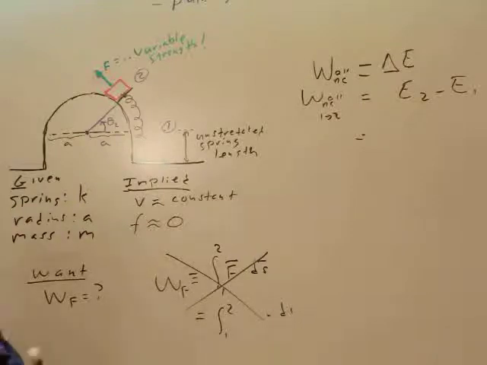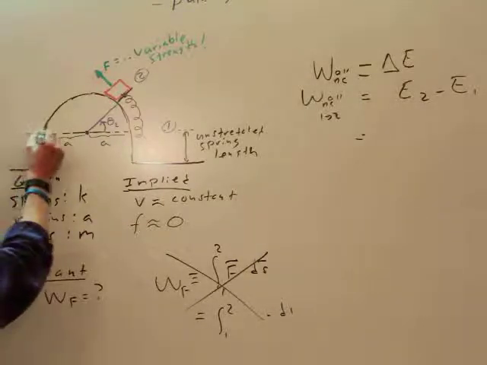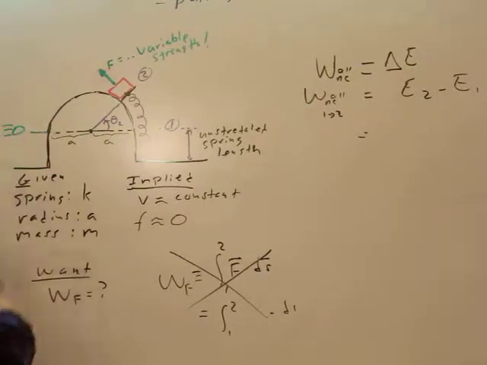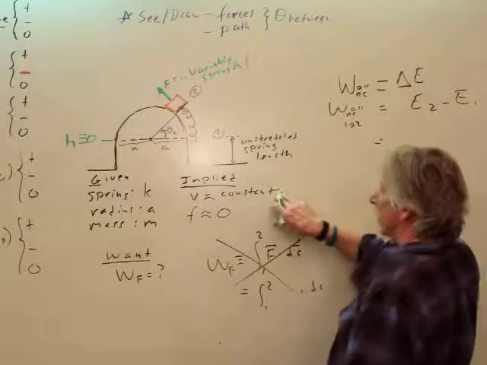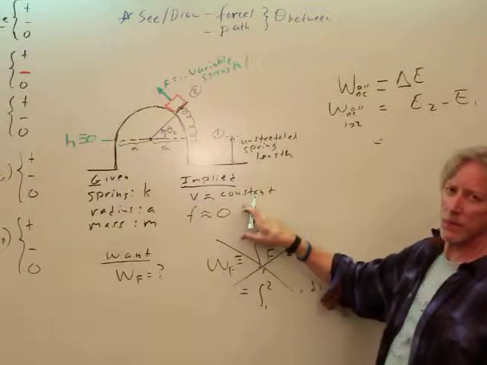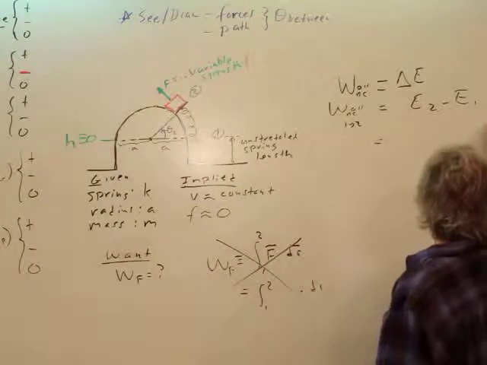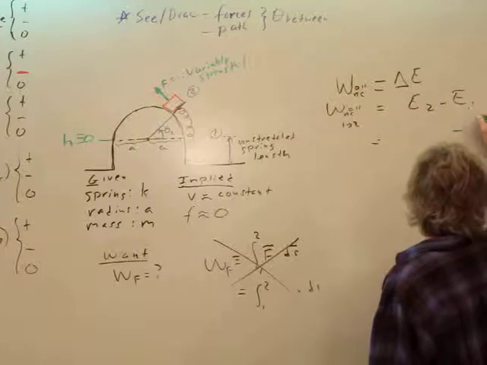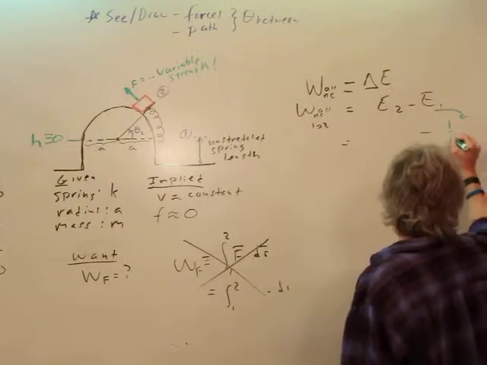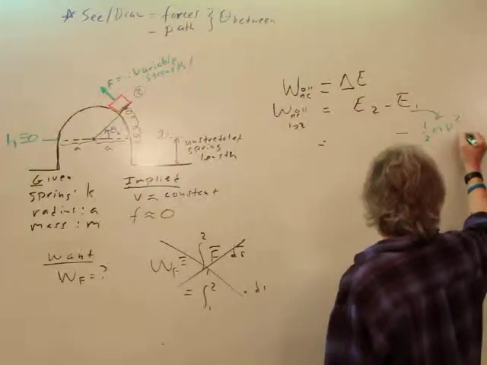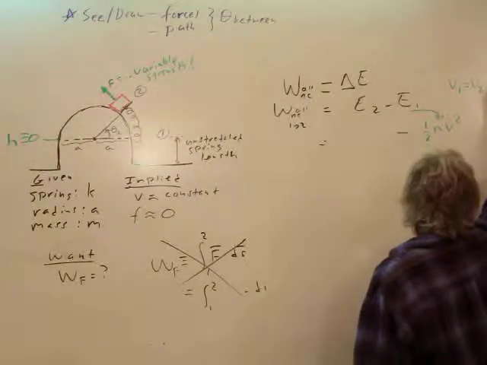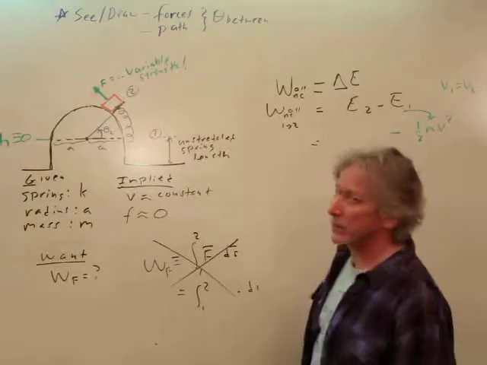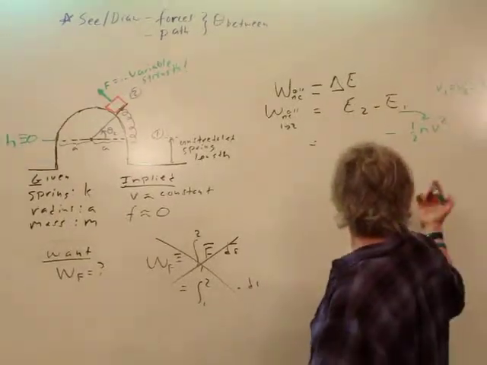Whenever you're changing height, you need to set that h equals 0 point. So I'm going to define that as h equals 0. It's a constant v, so in this case it's 1/2 mv squared, where v1 equals v2 equals V. And I've got no potential energy, so I'm done.